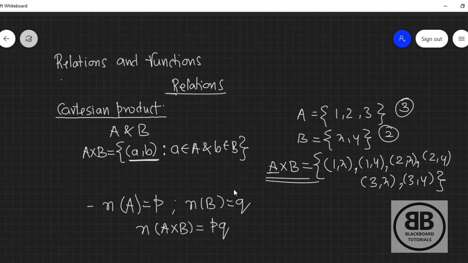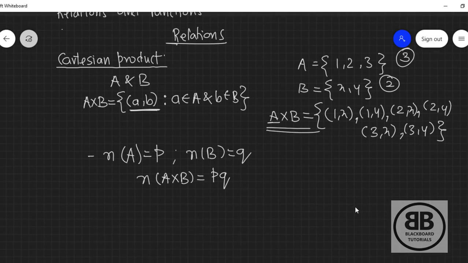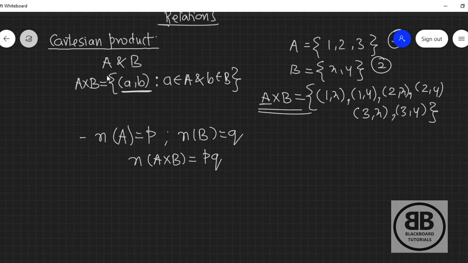Now there is one important note. What happens if, we have taken here set A and set B, they were non-empty, and if one of the sets is an empty set, what will we find?